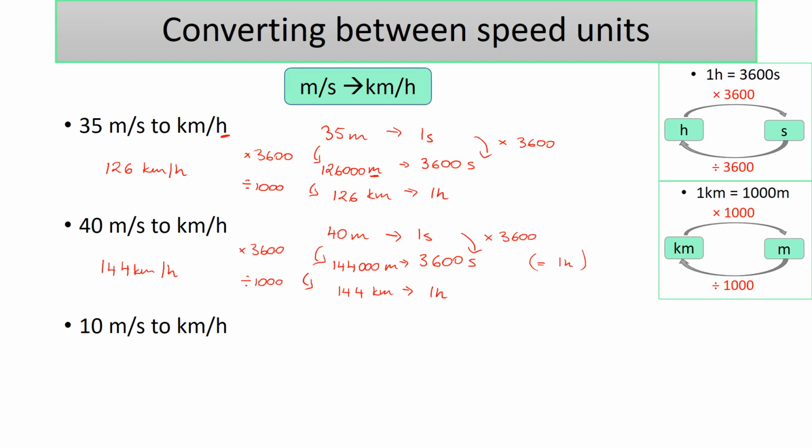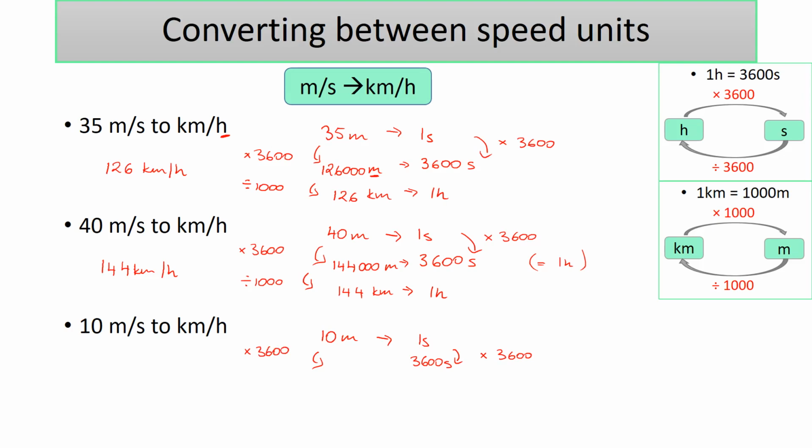And in the last question, I've got 10 meters per second and I want to convert it to kilometers per hour. Remember to convert it into hours, that is 3,600 seconds. So I need to times it by 3,600 and times the other side by 3,600.